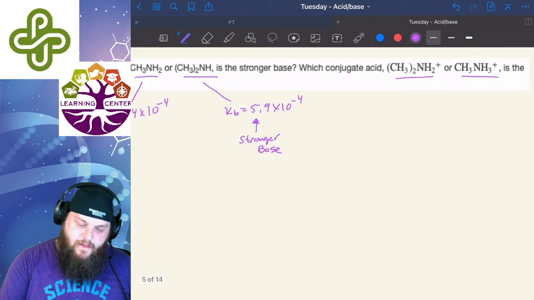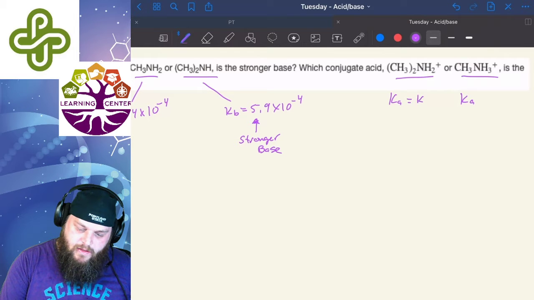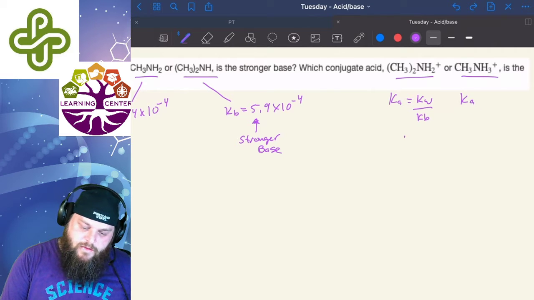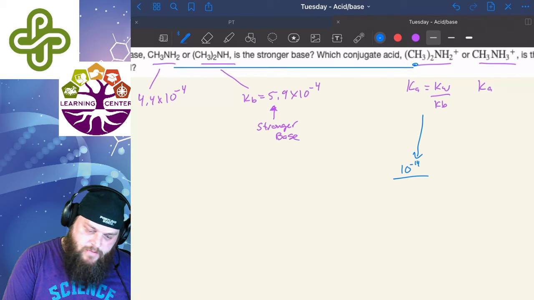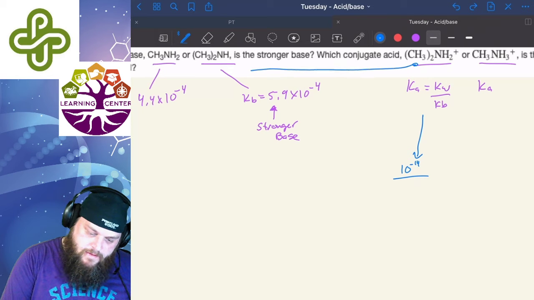To find the Ka values of these conjugate acids, we can say that Ka is going to equal Kw divided by Kb. So doing that for each of those, I'm going to take this one down here and say 10 to the negative 14th power divided by, well, the conjugate base for this guy is this one here.